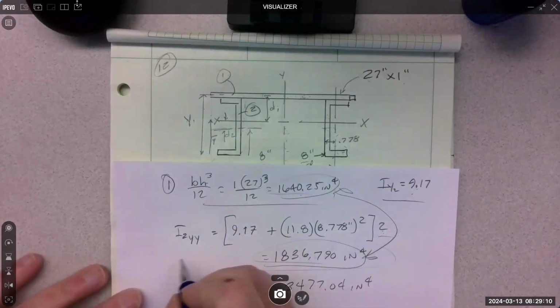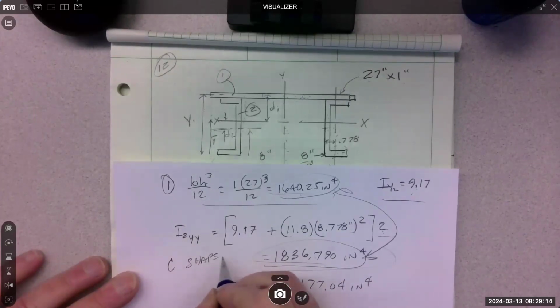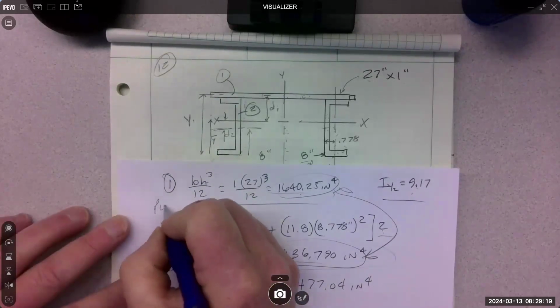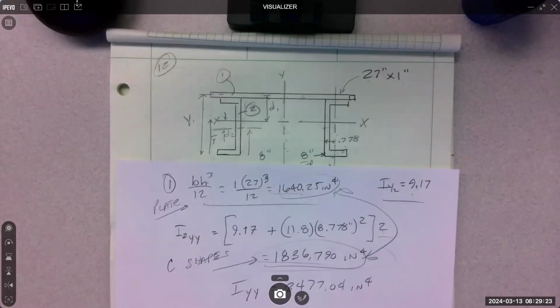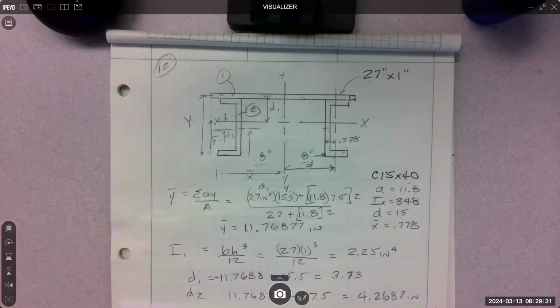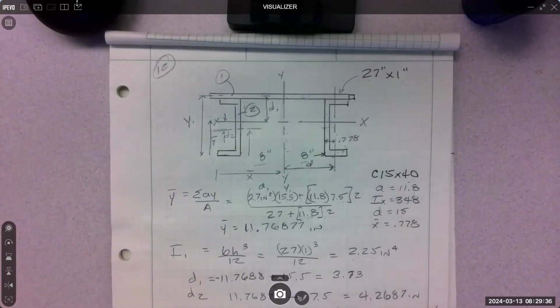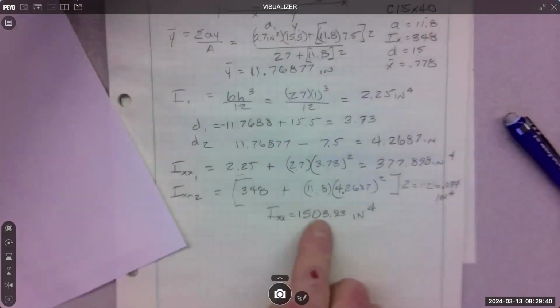So this was the C shape. This is the plate. So 3477, and the other one was 1503, the first inertia about the XX.